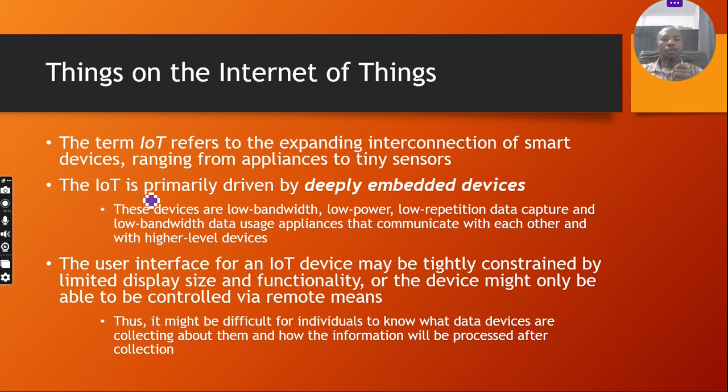Now, the user interface for an Internet of Things device may be tightly constrained by limited display size and functionality, or the device might only be able to be controlled via remote means. So most of these smart devices in our homes are controlled with remote.